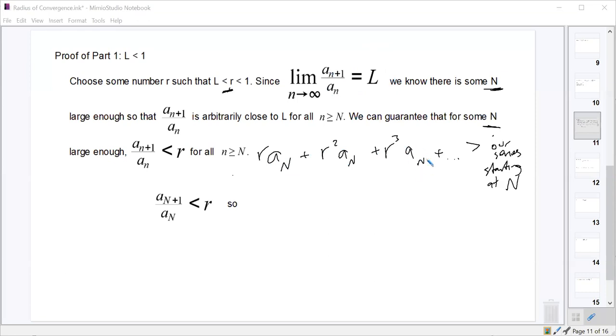With that same term multiplied by R a third time, and that same A sub N multiplied by R a fourth time, and so on, has to be greater than our series if we started it at the value of capital N, because our series would look like L times A sub N plus L squared times A sub N plus L cubed times A sub N. And since R is a larger value than L, these terms will be larger than these terms. Does that make sense to everybody?